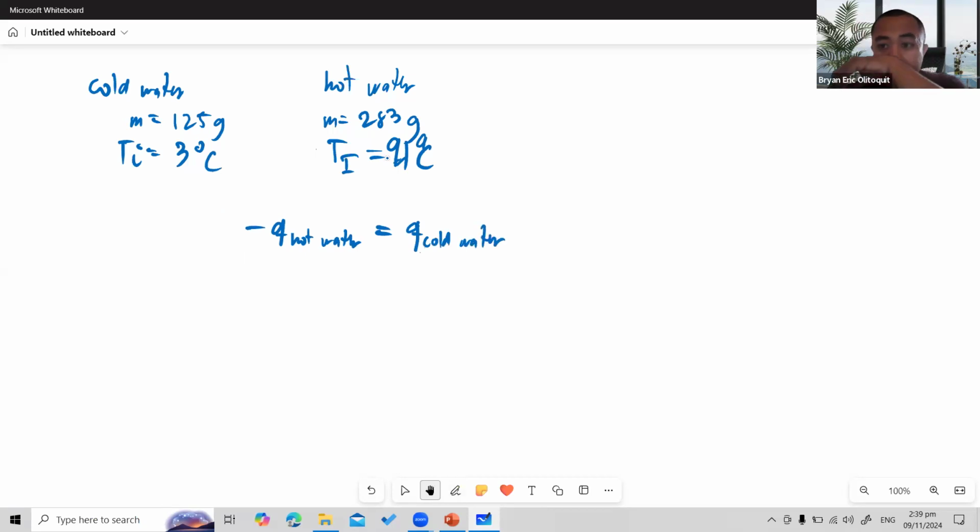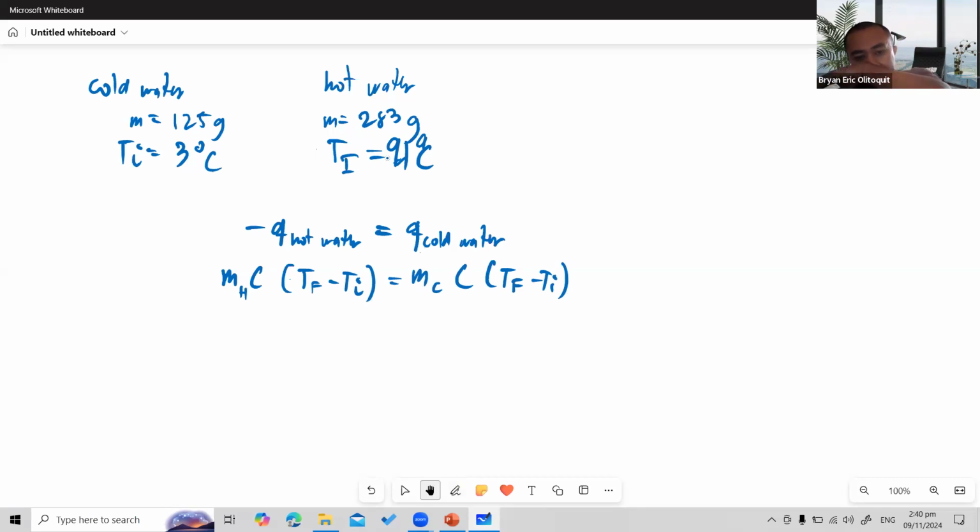Now, plugging in the equation, you have MC delta T, wherein delta T is equivalent to the final temperature minus the initial temperature. So take note that this one is for the hot and this one is for the cold. So we have M, multiplied by the specific heat of water C, multiplied by the value TF minus TI. So take note that the final temperature is the same.